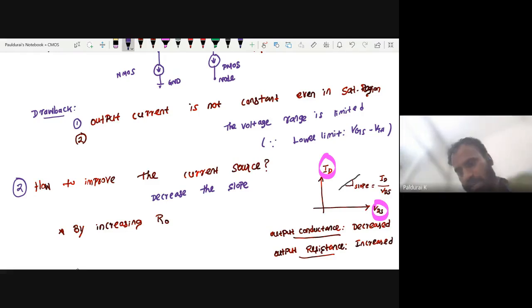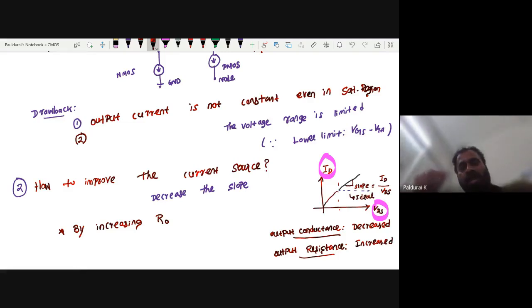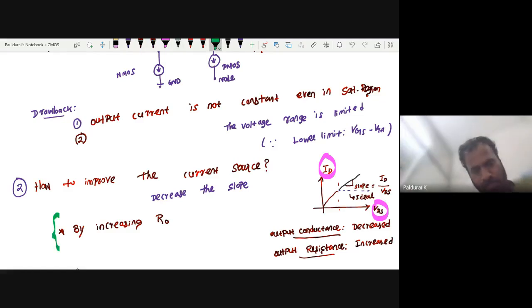So by decreasing, you can achieve this. Okay, so actually this is in saturation. So this is my idea. So how to achieve this? By increasing output resistance. So this is the expected keyword. Please make a note.